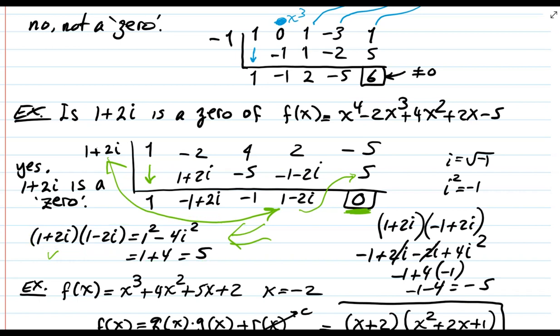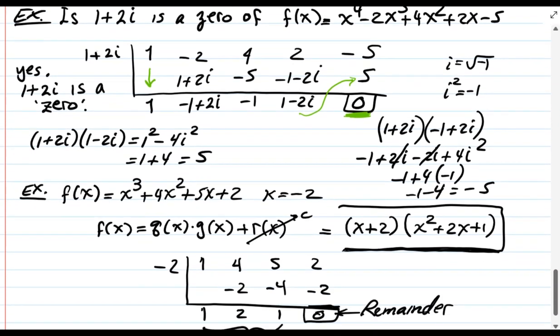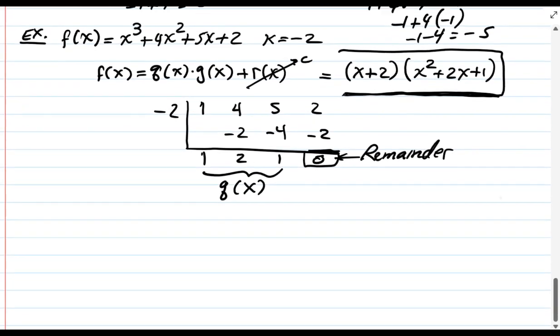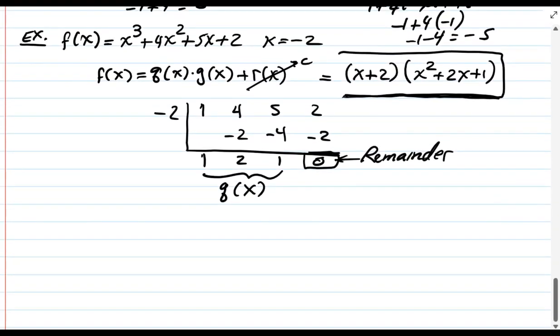And well, let's see. So there you go. You have that example. Let's take a look at another example. This example, we have f of x equal to x cubed plus 4x squared plus 5x plus 2. And we want to see if k equal -2 is a solution. And so I went ahead and did division by -2 right there, and I wrote the first row of the synthetic division table.